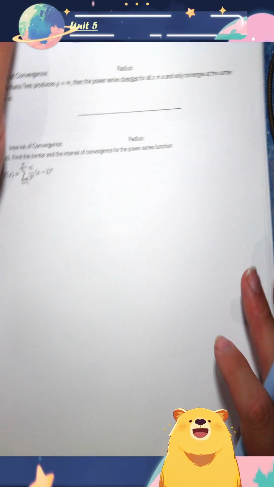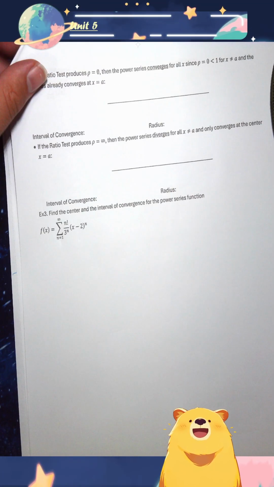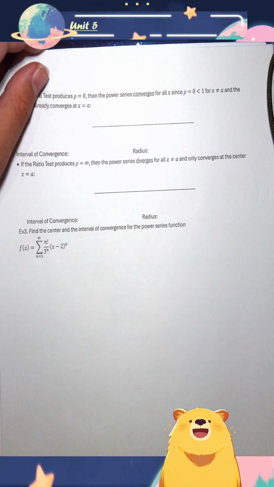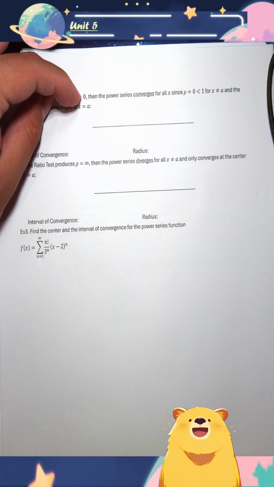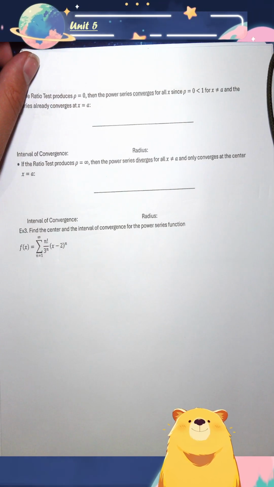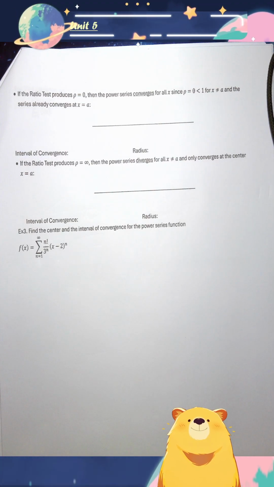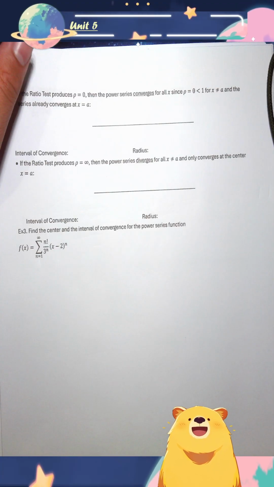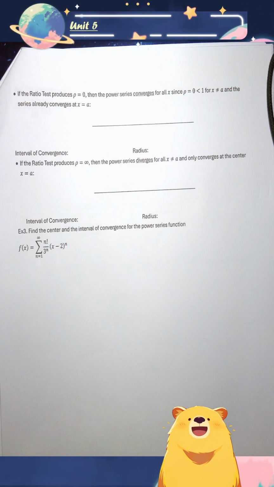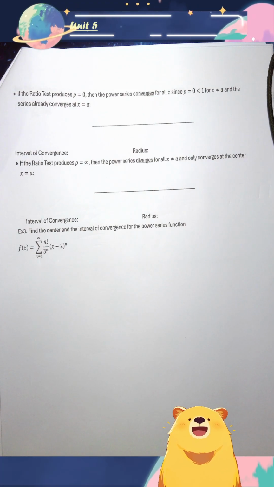Okay, now some trick question setups. So if the ratio just produces a 0, I forgot why I included that, but if the ratio just produces 0, then the power series converges for all x, since when you do 0 is less than 1, that's just a fact.